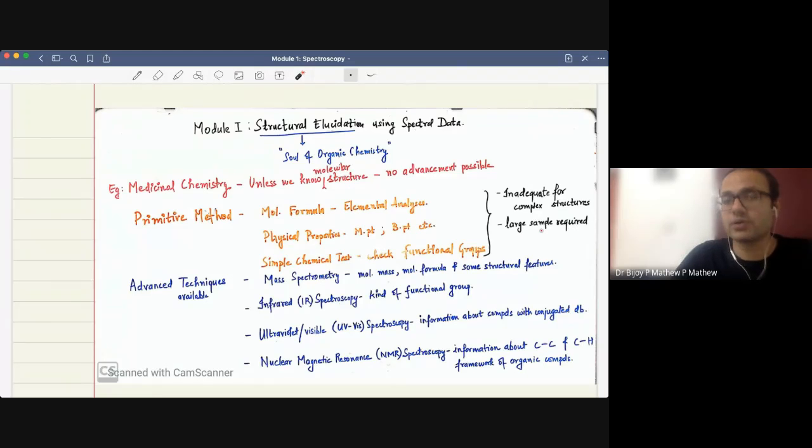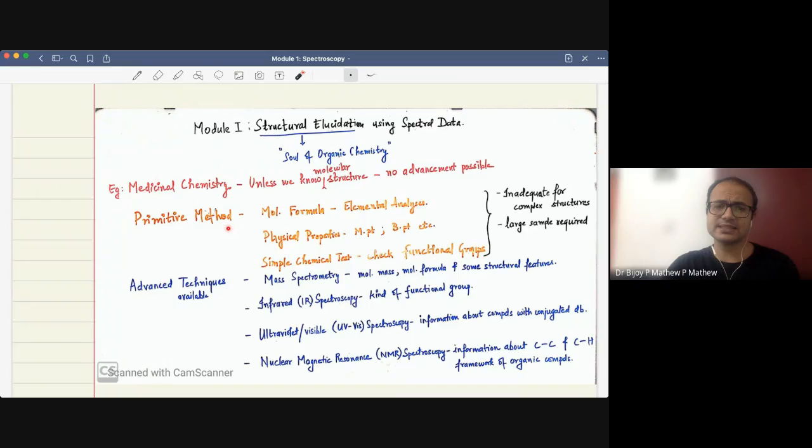If a compound is available in a very minute amount, you cannot determine it using this primitive method, because you always require a large amount of compound. So that is why we needed a more advanced way of determining structure.